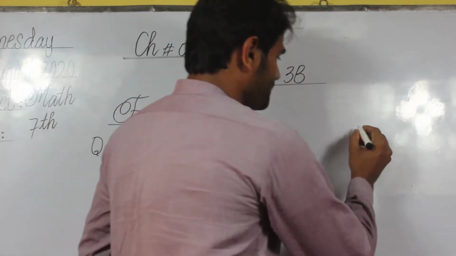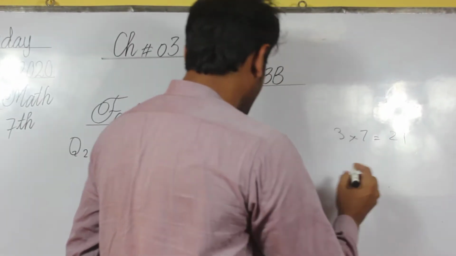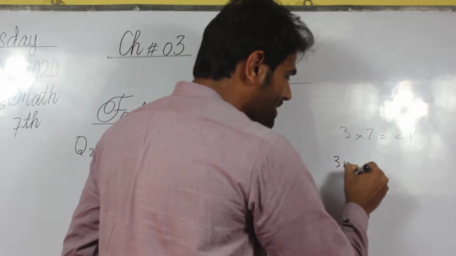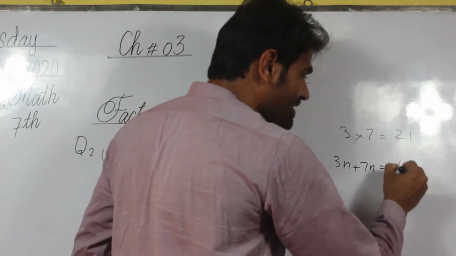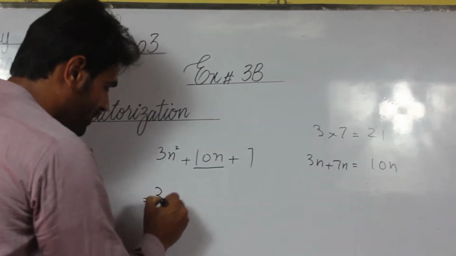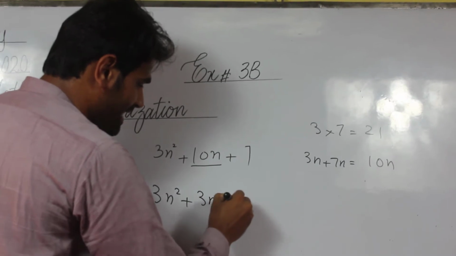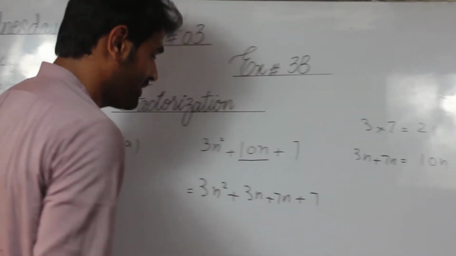So first 3 multiply 7, its product is 21, and when I add 3n plus 7n, the result is 10n, which gives our required two numbers. So I split 10n into 3n plus 7n, plus 7.